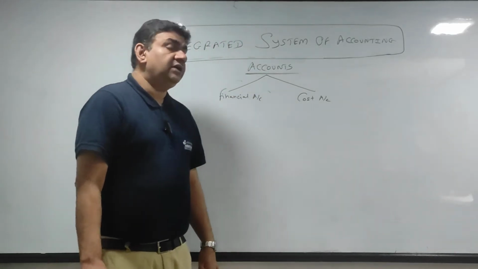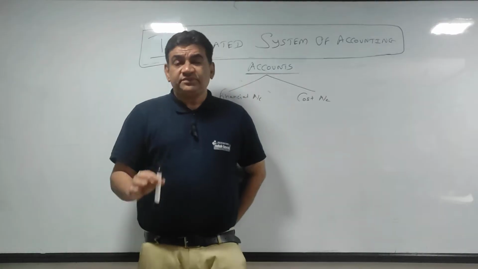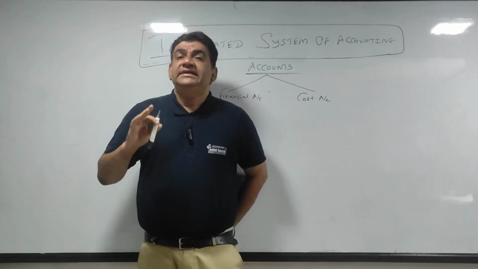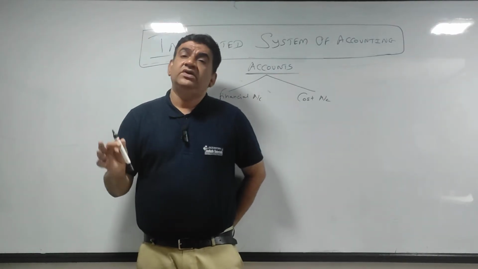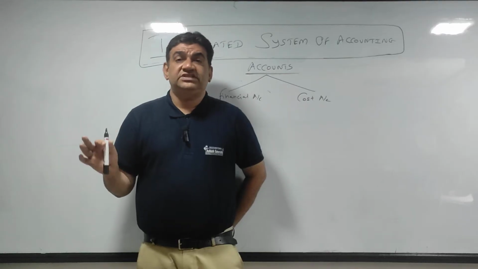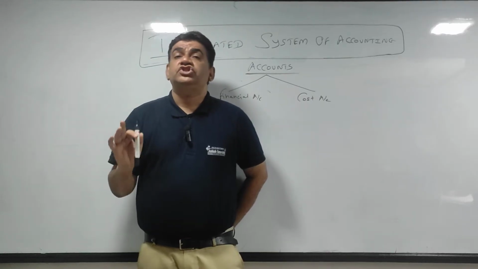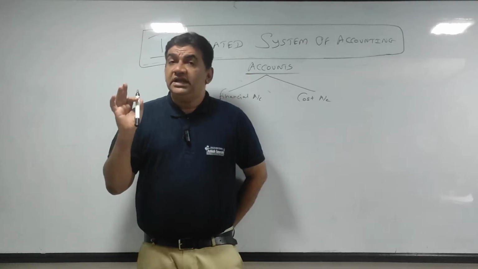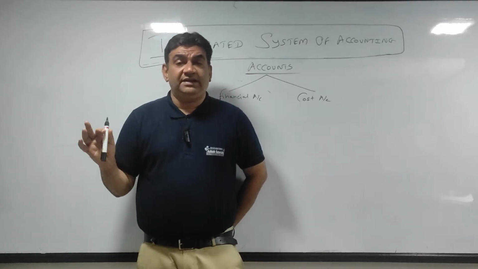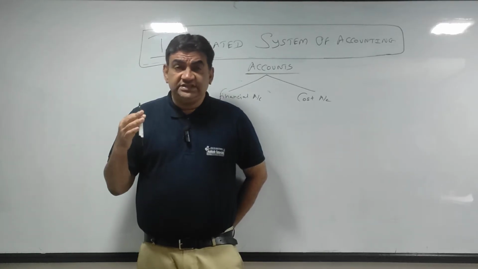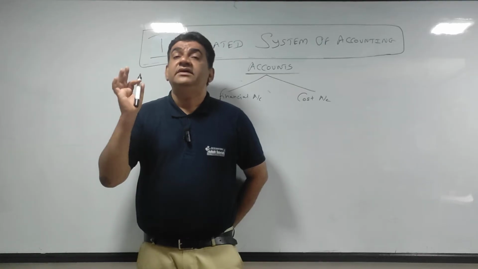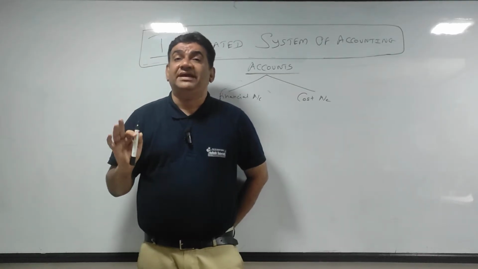Now the second part, cost accounting. Cost accounting refers to accounting only for transactions which relate to the costing of a product. That means what transactions affect cost of product.